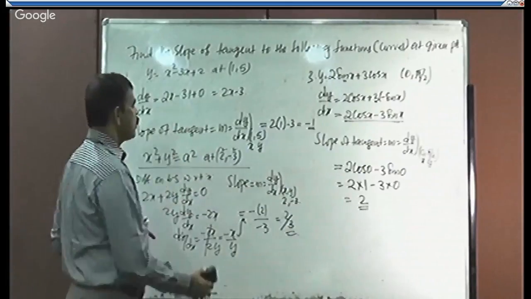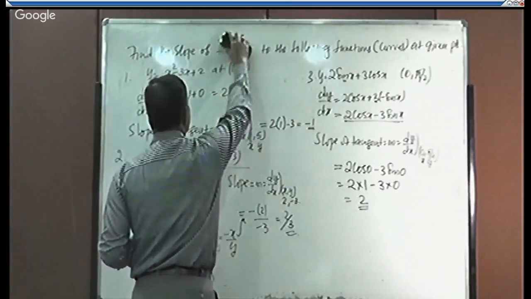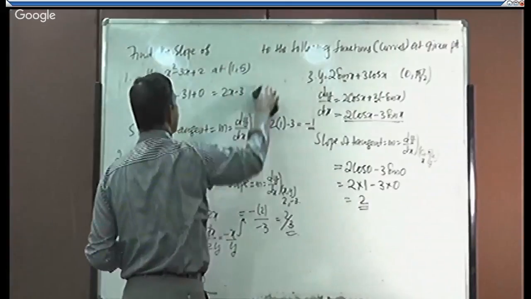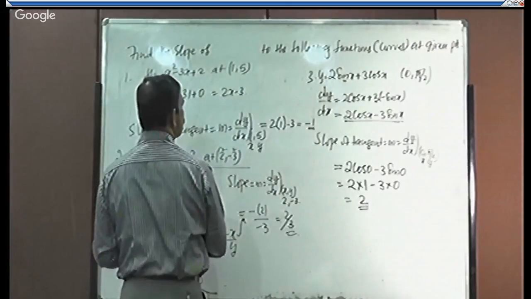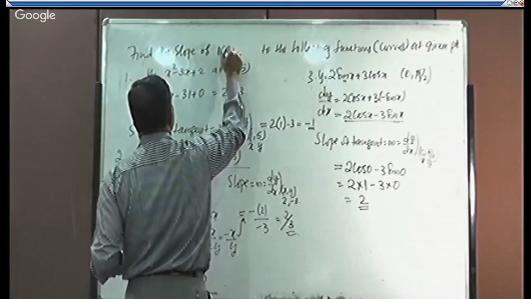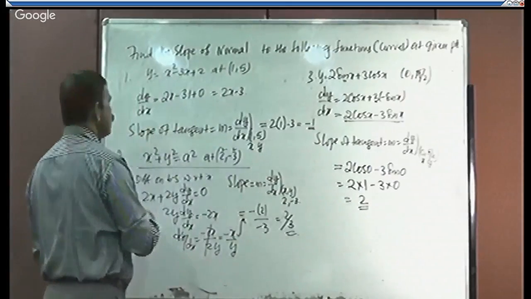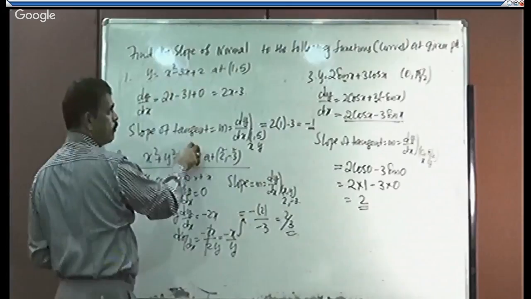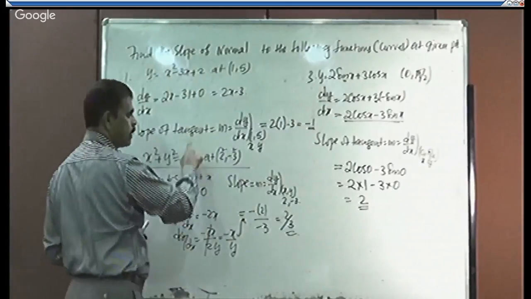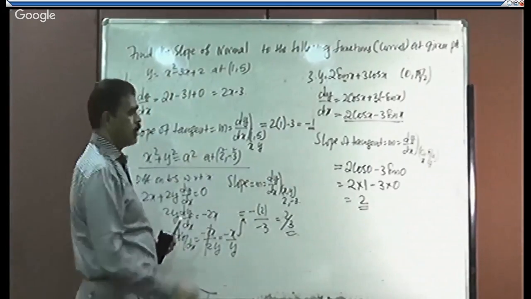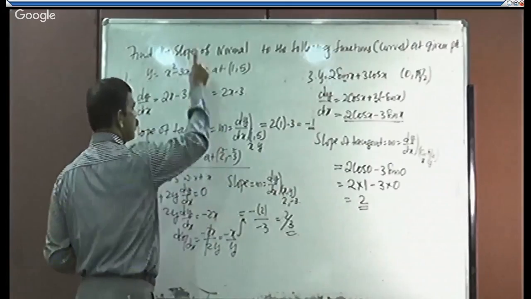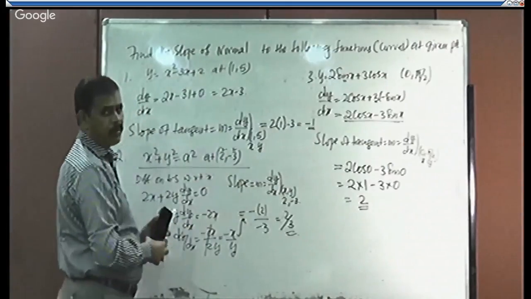The same way we can find the slope of normal to the curve. For the slope of normal, the same thing we have to do first: find the slope of tangent. Then with that we can find the slope of normal.